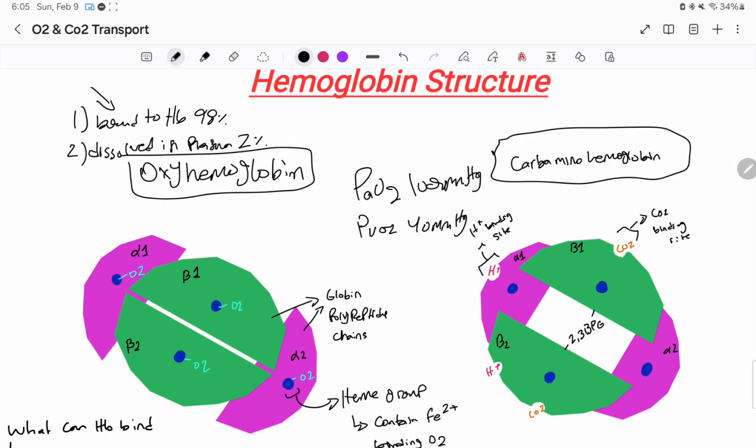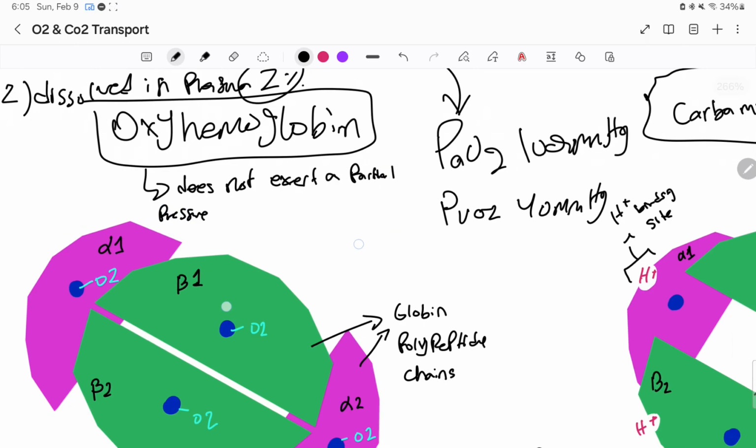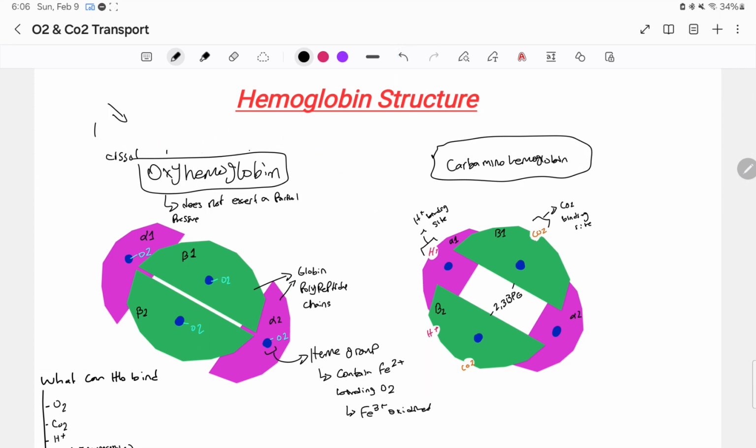That dissolved oxygen in the plasma, that little 2%, is dictating the partial pressure of oxygen. So this is a key thing I'm going to write: oxyhemoglobin does not exert a partial pressure. And this is very important, guys. I'll tell you why it's important.